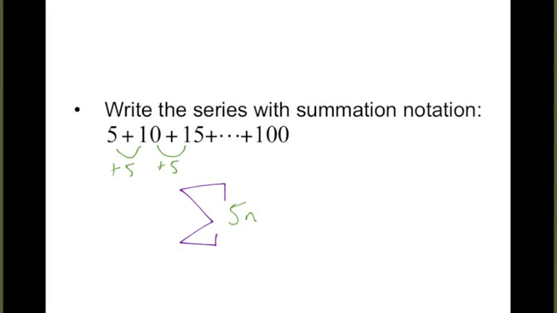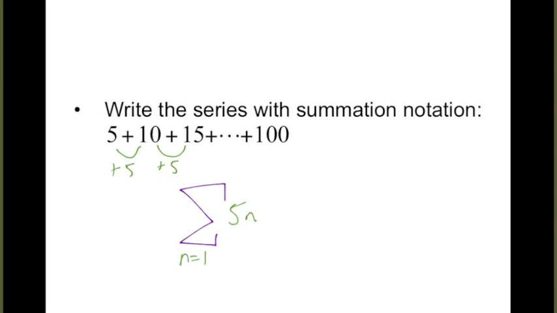If we start this thing at 1, does that work? So 5 times 1 is 5. 5 times 2 is 10. 5 times 3 is 15, and it seems to work. Okay? Then, at the top of this sigma needs to go, what do we plug in last?